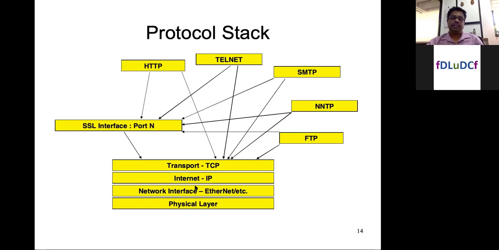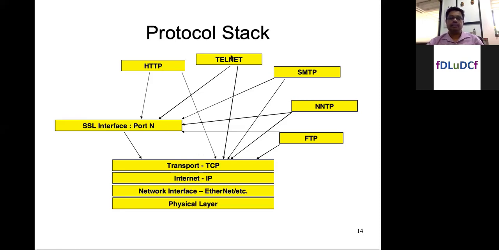We have the physical layer, that is the media access control layer, the Ethernet protocol. The Internet layer is the IP protocol. The transport layer is the TCP protocol. Then we have the TLS or SSL protocol, which runs on some port.